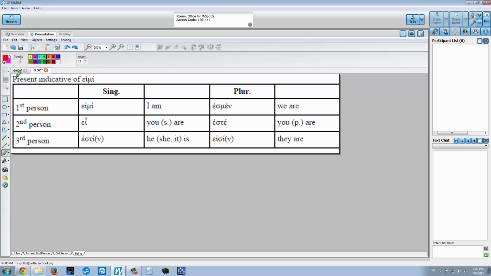Now, why do I call it the present indicative? Where's the active? Well, remember, active indicates that the subject is doing the action of the verb. But in the being verb, you really don't have active or passive. You can't be anybody. Well, you can be somebody, but you can't is somebody. Right?